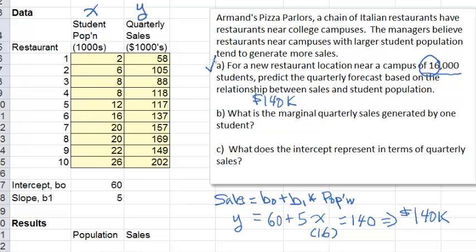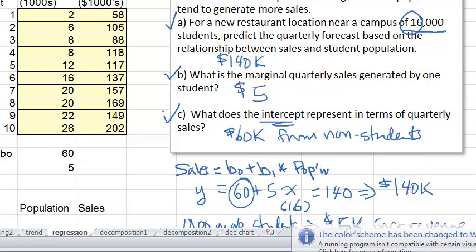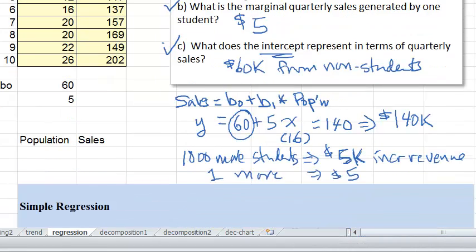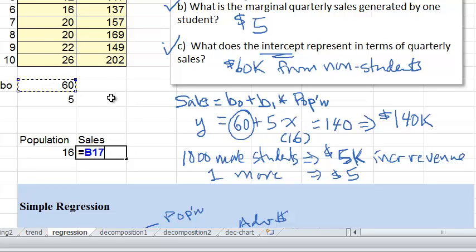So we did problem A, or part A. If we wanted to use the Excel formula, then we would just stick 16 in here for the population, and sales would be calculated by entering the usual formula, intercept plus slope times the population of 16.